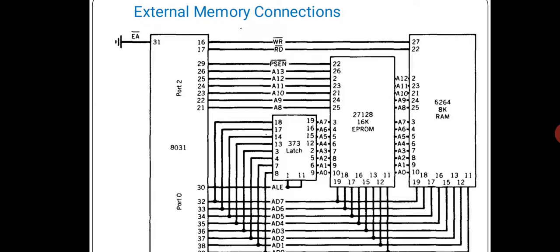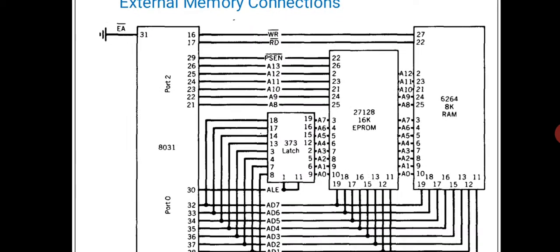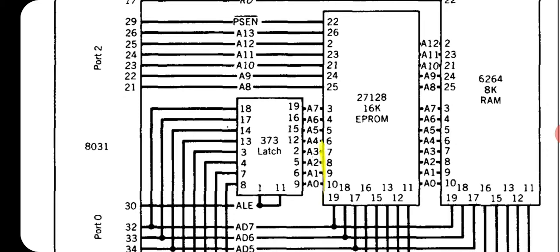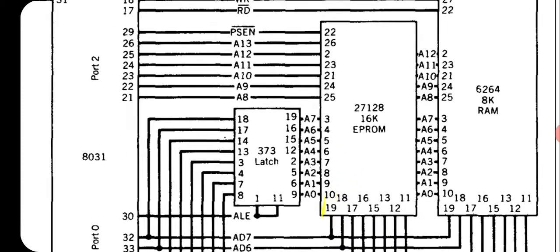It is also connected with other pins, like PSEN is also connected to EEPROM, right? So you can see here A0, A1, A2, A3, A4, A5, A6, A7, A8, A9, A10, 11, 12, 13. So a total of 14 address lines are connected to ROM memory.